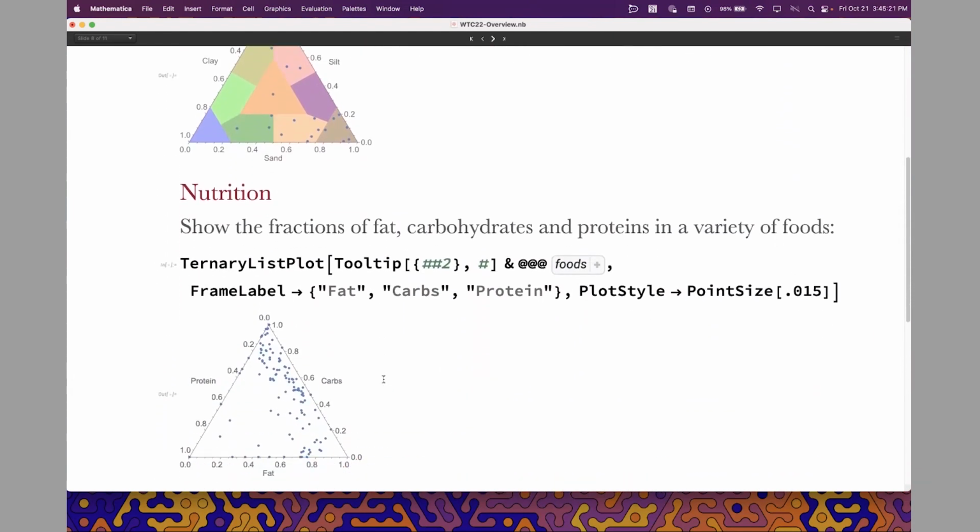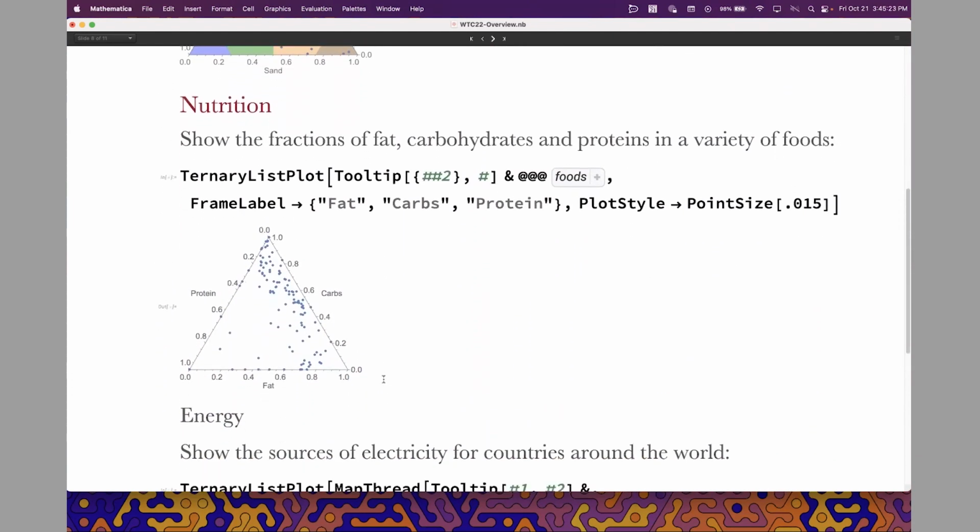And then there are a few other examples that we've come across, and I think these are interesting plots for anything where you have a mixture of three things. Here we're looking at nutrition, at various foods and their proportions of how much fat they provide, how much carbs, and how much protein. Along the bottom edge, this point is salt.